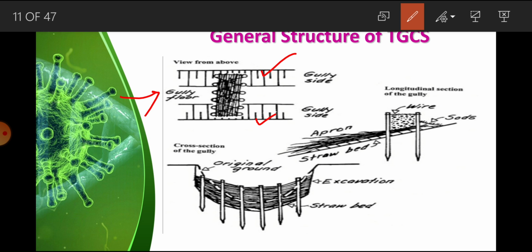When runoff is coming from this side, this is called upstream. This is the local material which is kept across the slope of the gully. It will restrict the flow of runoff and allow a controlled amount of runoff after this.